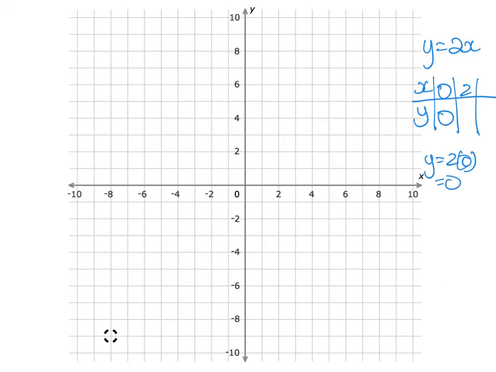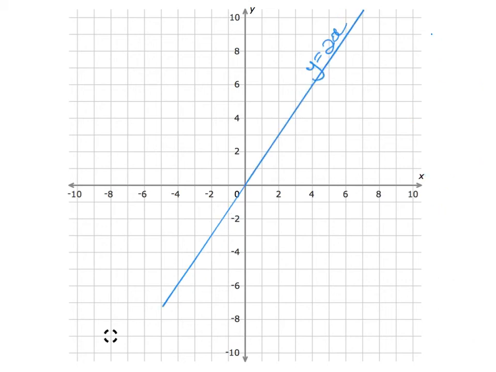When x is 2, y is equal to 2 by 2, which is 4. So we will get the line. We know it will be 0, 0, and 2, 4. So since we have those 2 points, we can clearly see that the line will go this way, right?